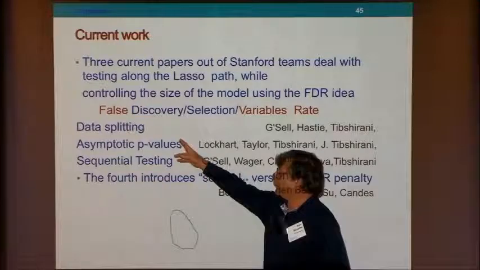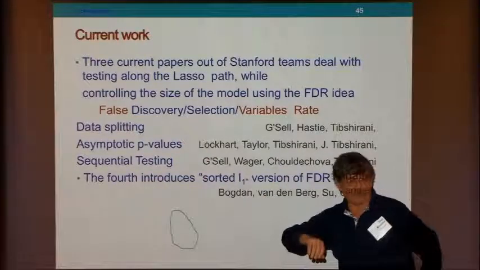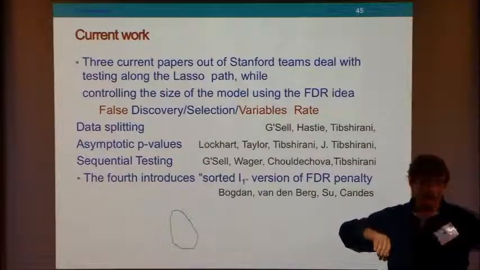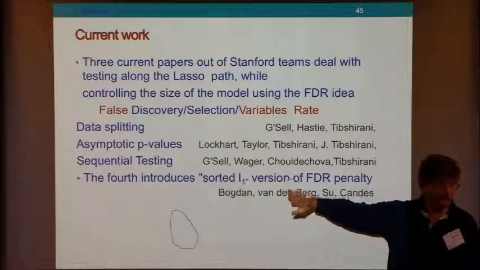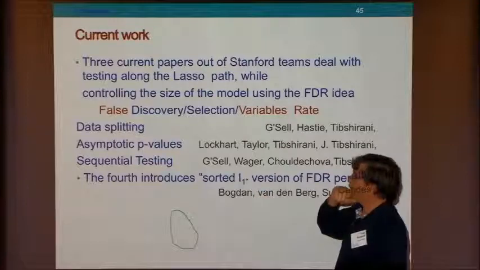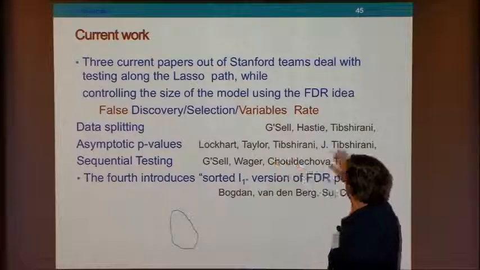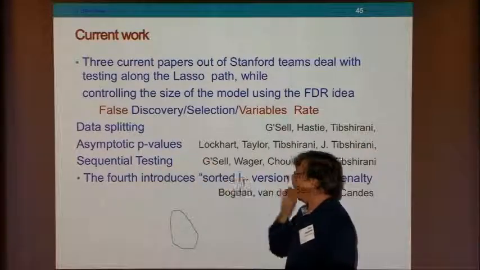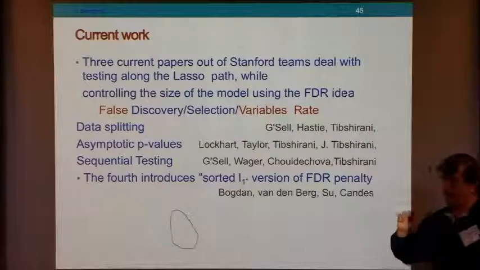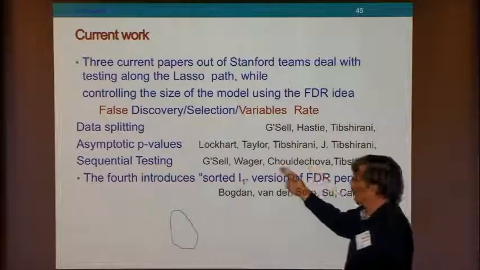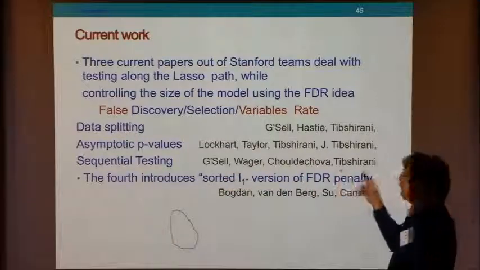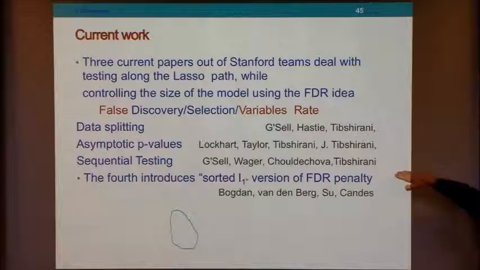The first one of these is the idea of data splitting: you develop the model on half of your data, and you estimate the significance and confidence intervals on the other half of the data. The other one is asymptotic p-values for the lasso path when you introduce a new variable into the lasso path. A third one is a sequential testing idea that might be looked at there.